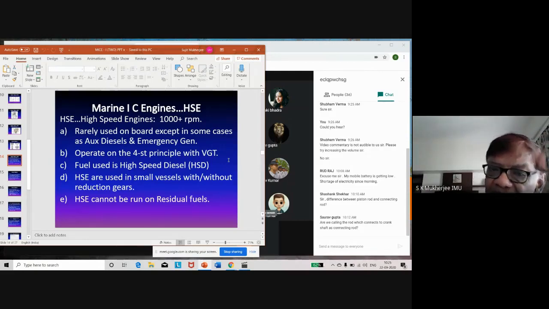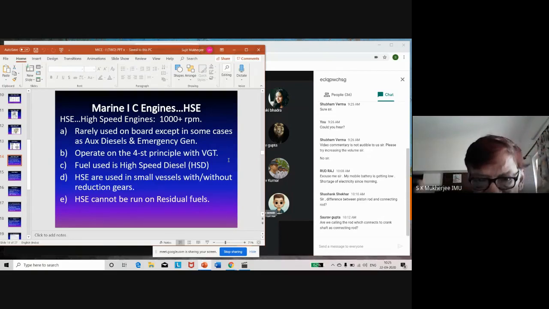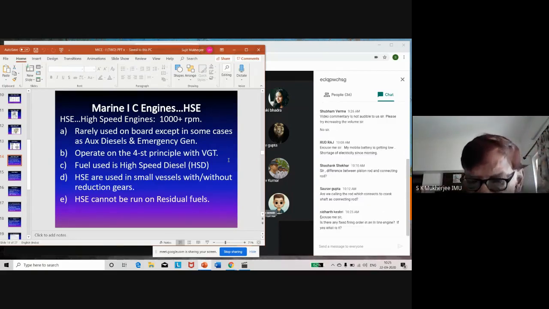The moment the turbine rotates at a faster speed, the supply of air to the engine also improves. So this process of improving turbocharger performance during part load conditions is called variable geometry turbocharging, or sometimes variable turbine geometry. Is it understood?